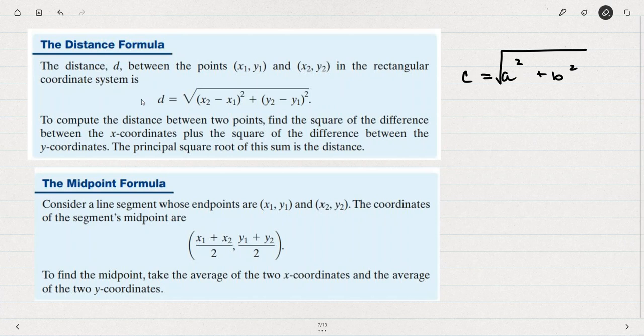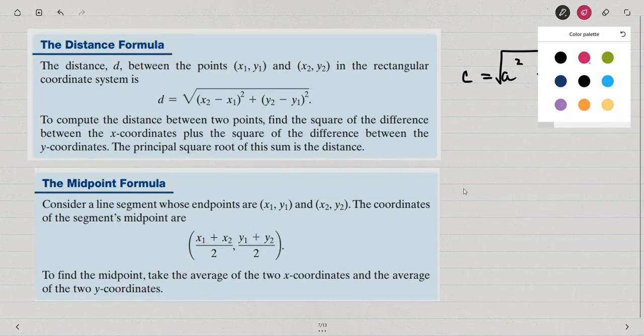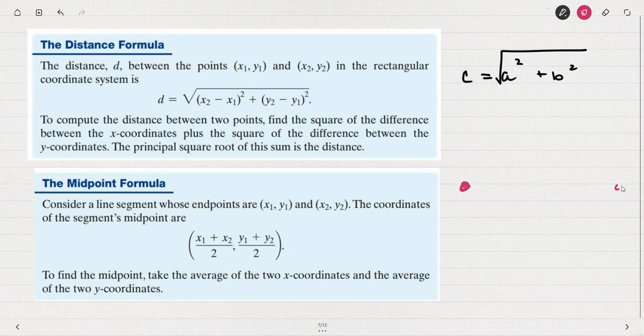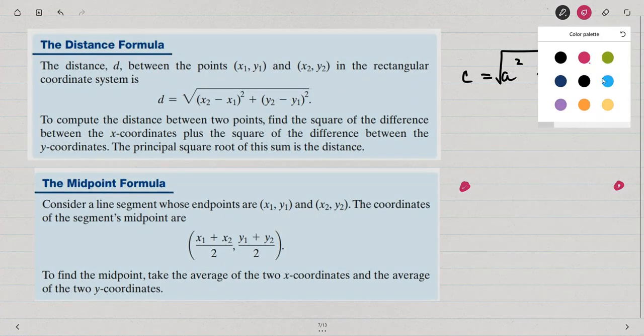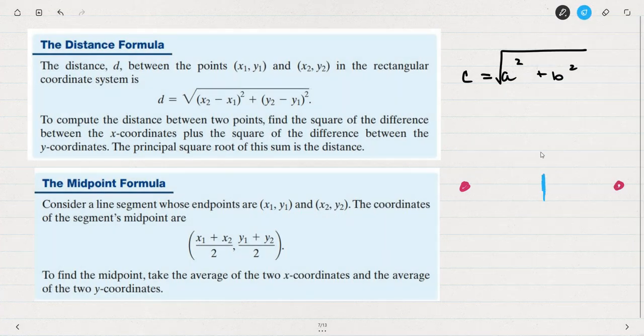Now the midpoint formula. If we're looking for the midpoint between 2 points, and we want to find what's right here in the middle, what we're going to do is take the average between the two x's, and then the average between the two y's.